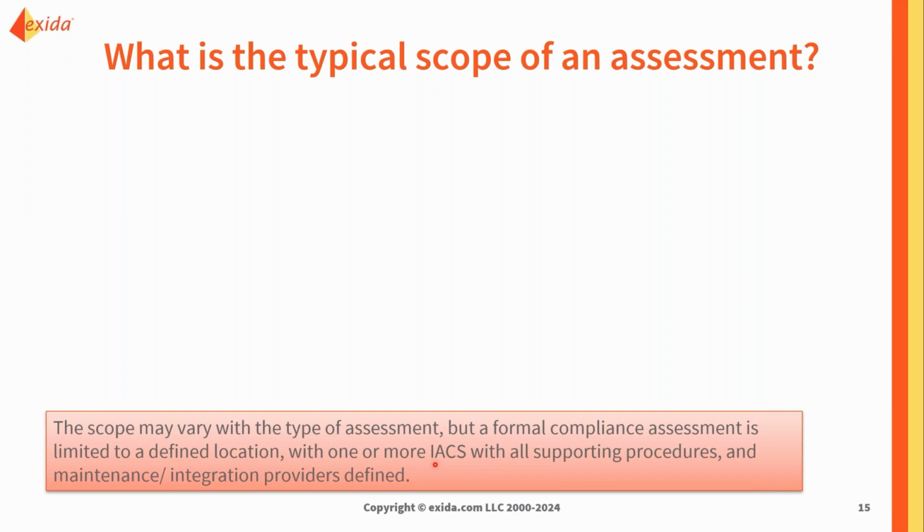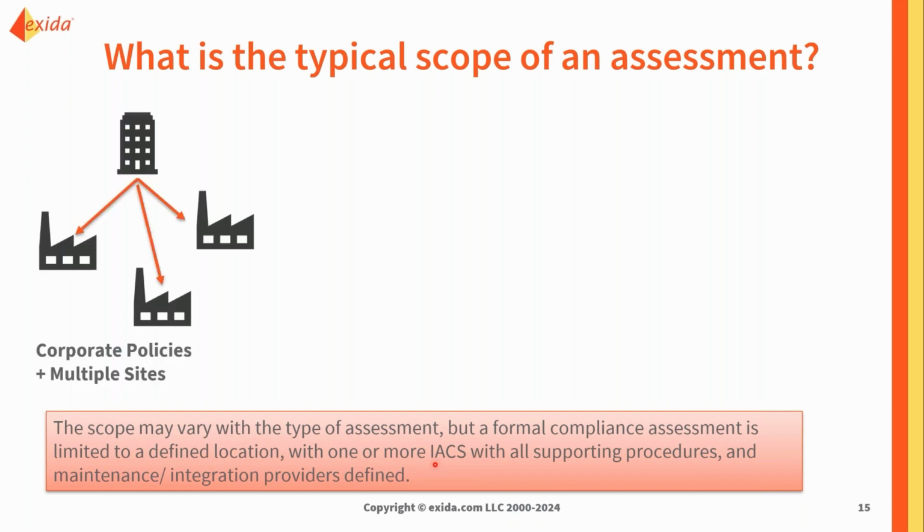That's a really important part of any formal assessment, to clearly define exactly what is included and considered. When we're talking about a gap assessment or a risk assessment, there may be more variation depending on what you're trying to understand and get from that assessment. So I'd just like to distinguish that before we go into the different examples.